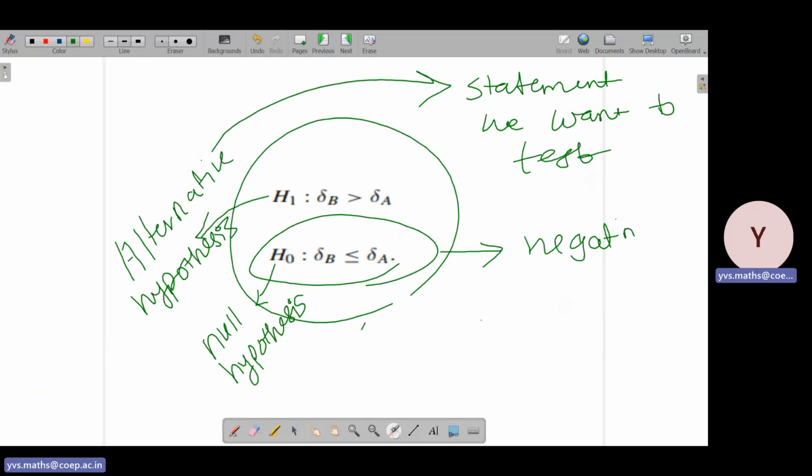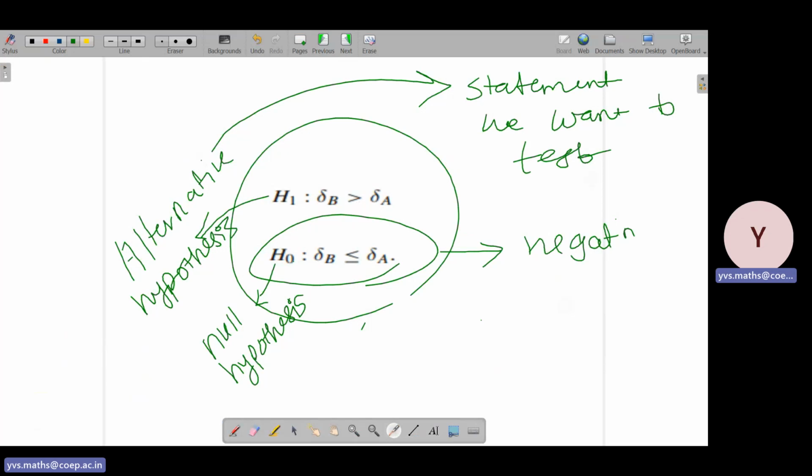Here delta B is some parameter with sample B, say, and delta A stands for the parameter with respect to sample A. If you want to test that the parameter of sample B is greater than the parameter of sample A, then the negation of the statement is your null hypothesis. So always first define your H1 and then define your H0.